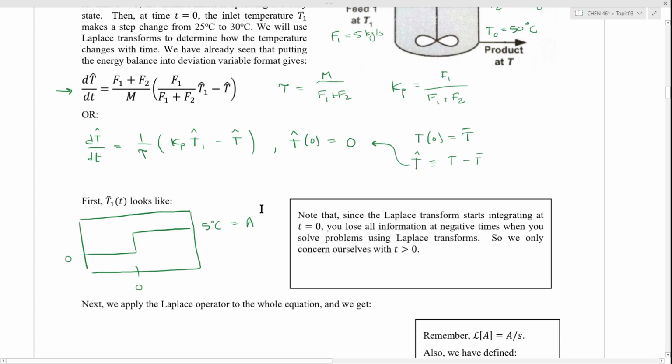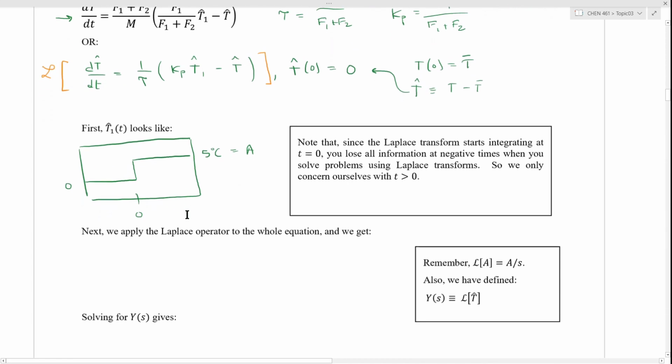What we want to do now is take the Laplace transform of this whole differential equation. When we take the Laplace transform of the left-hand side, we get s times capital Y of s minus T hat of 0.